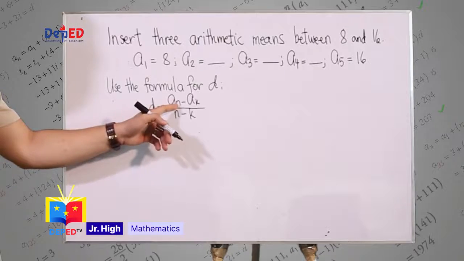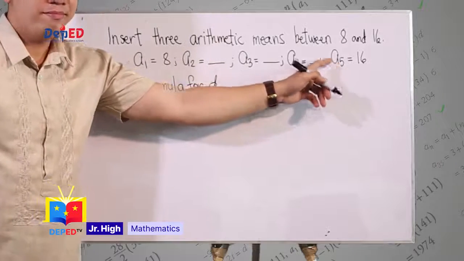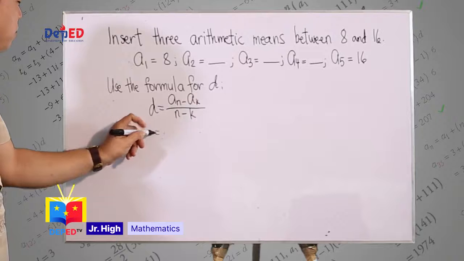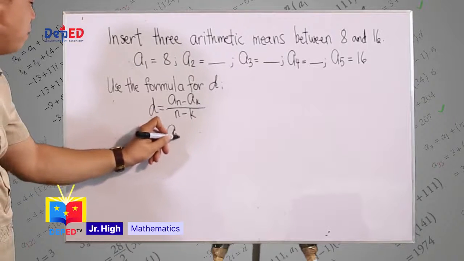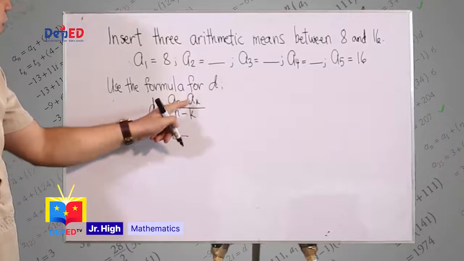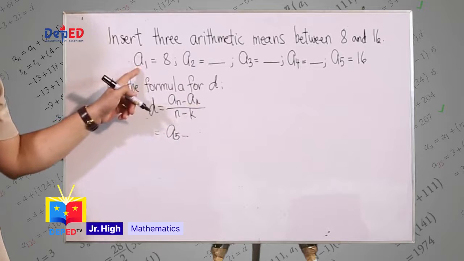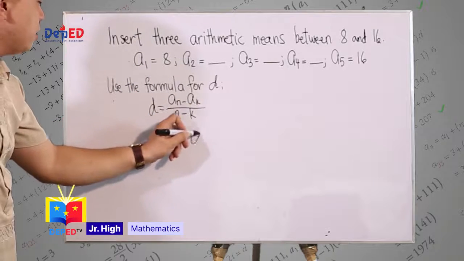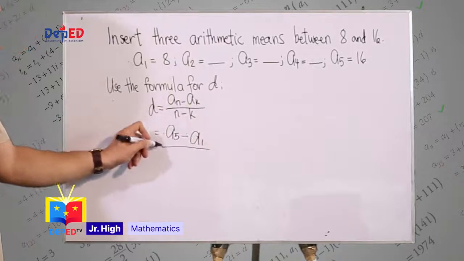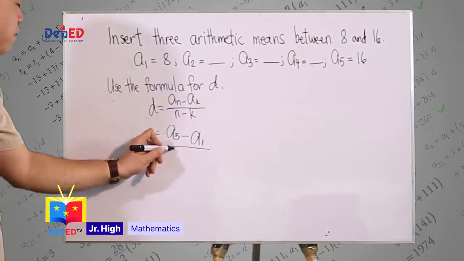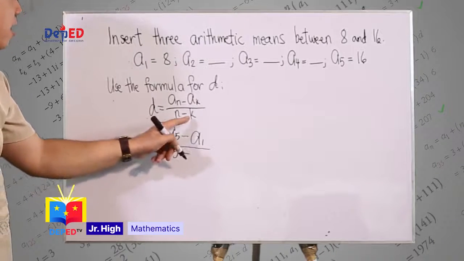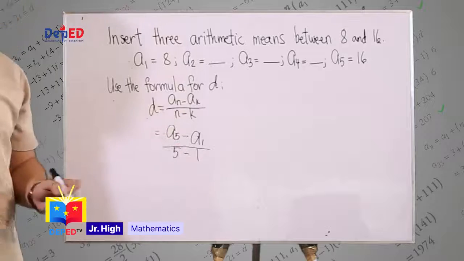Our a sub n will be the last term, so that will be equal to a sub 5 minus our a sub k. We will use the first term, that is a sub 1, all over n. We will use 5, and for k, we will use 1.